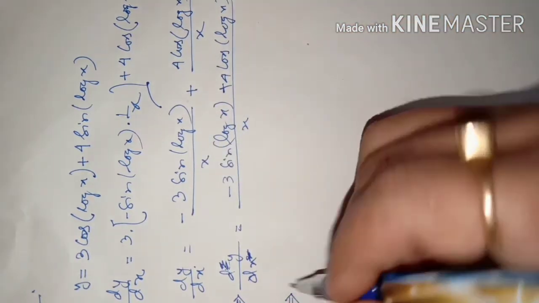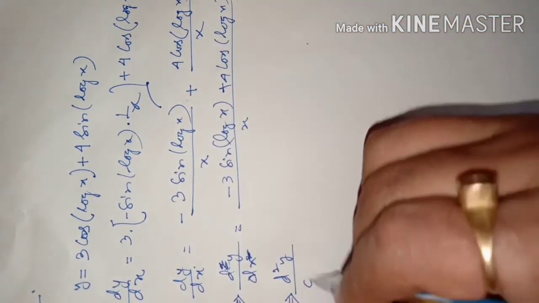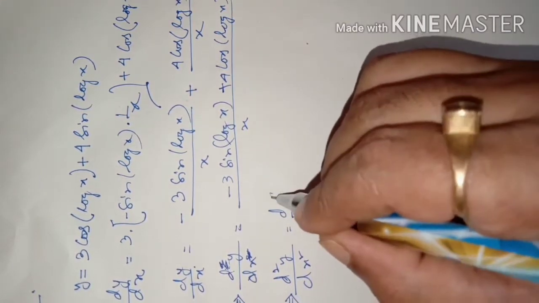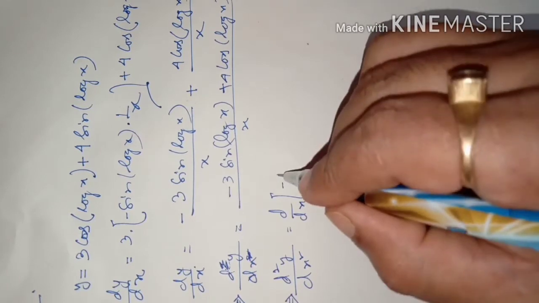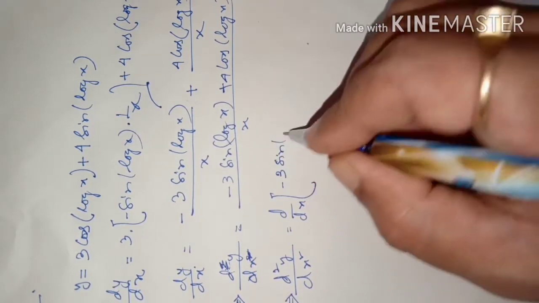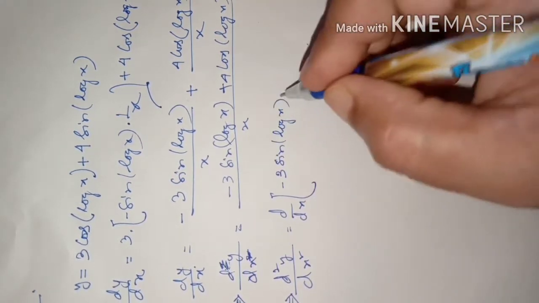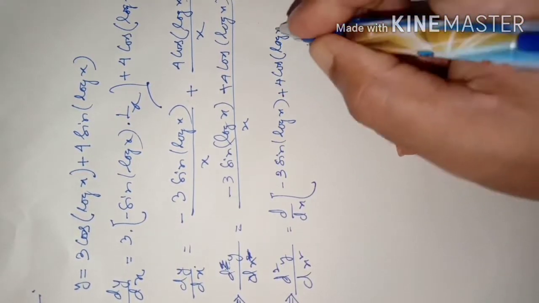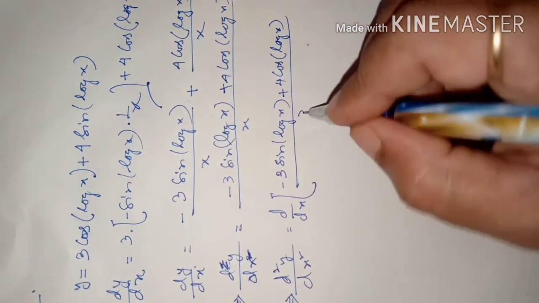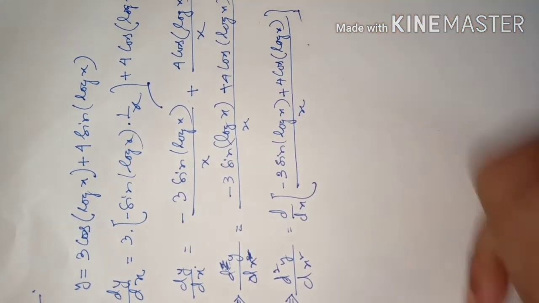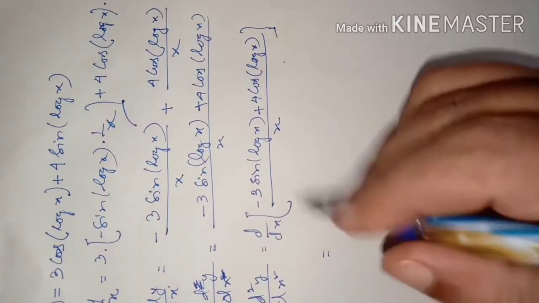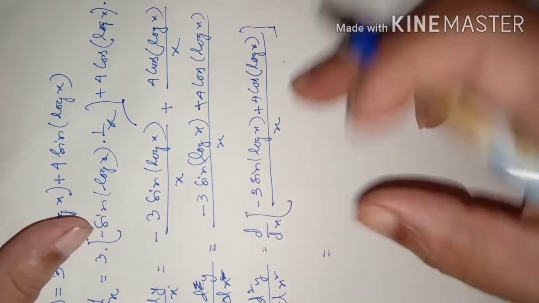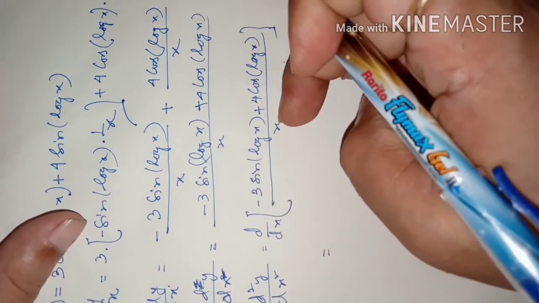Now we will take d2y by dx square is equal to d/dx of this whole expression, minus 3 sin log x plus 4 cos log x divided by x here. So now using this u by v law, we can differentiate this, no? Treating this whole thing as u and this one as v, suppose.